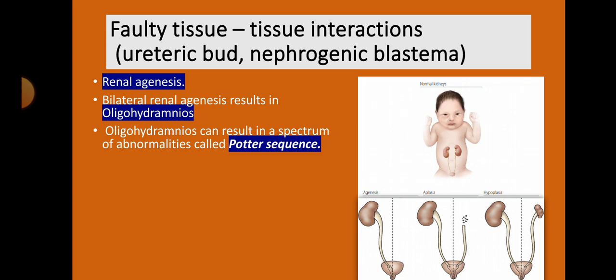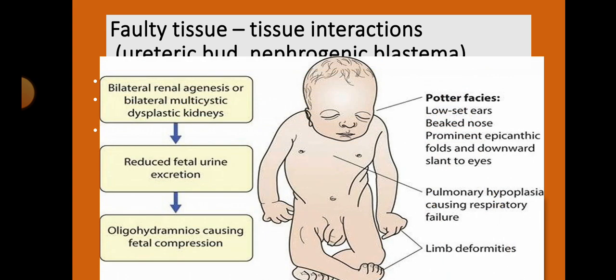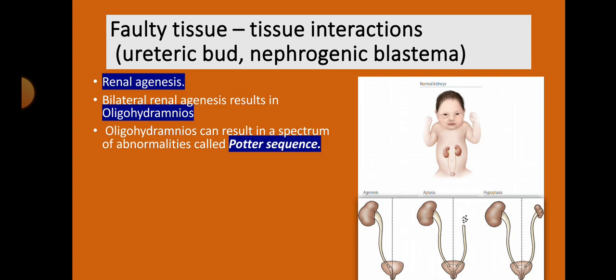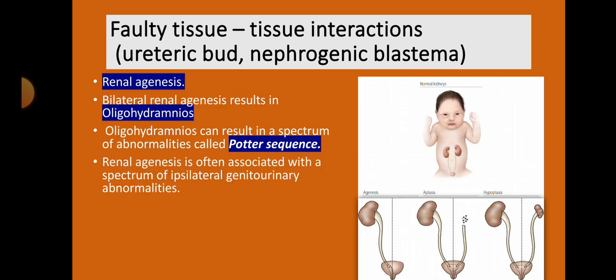The features are low set ears, big nose, pulmonary hypoplasia, respiratory failure, and limb deformities. We should always keep in mind, since the urinary and genital systems go hand in hand, any faulty renal genesis can also result in genital abnormalities as well.